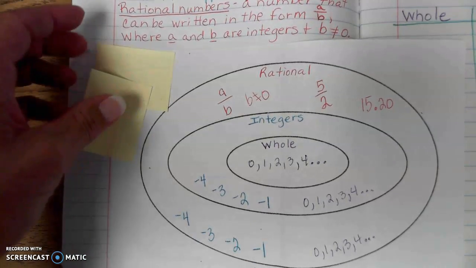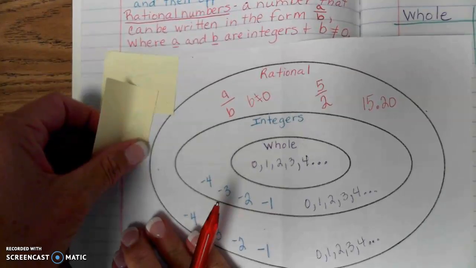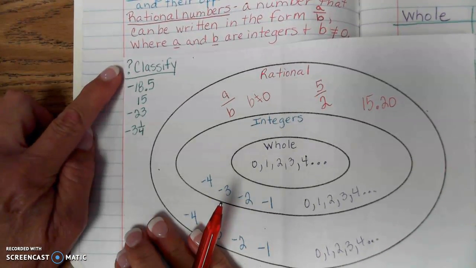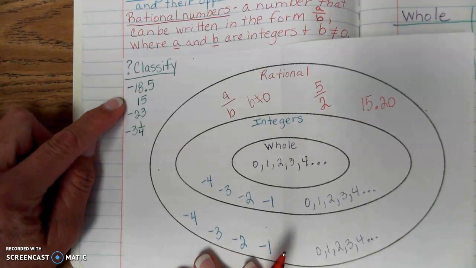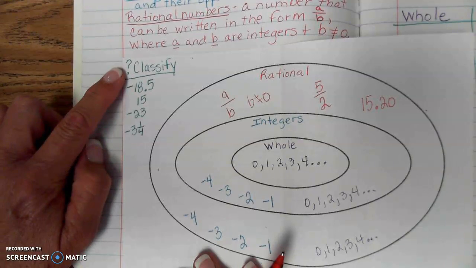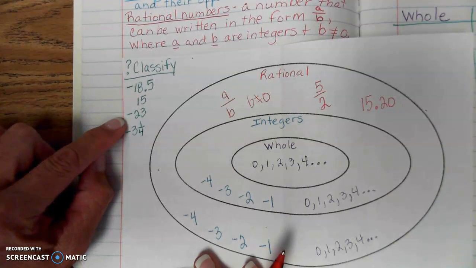Now we're going to have you try some on your own. Copy these 4 rational numbers down and classify them. They may not all be rational numbers, or they all are.